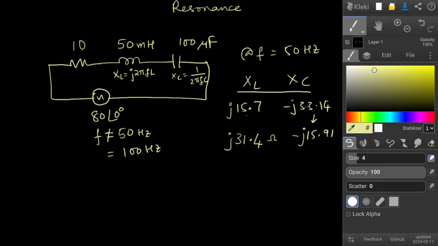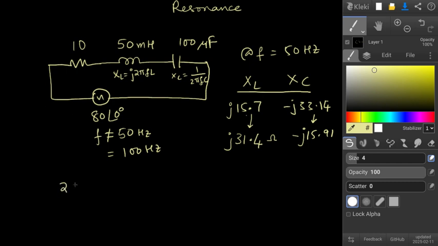So this value has become minus 33 to minus 15, whereas this value has increased from 15 to 31.4. So obviously there will be one value of f for which both will be equal. Okay. So can you say what that value of f is for which XL and XC both will be equal?